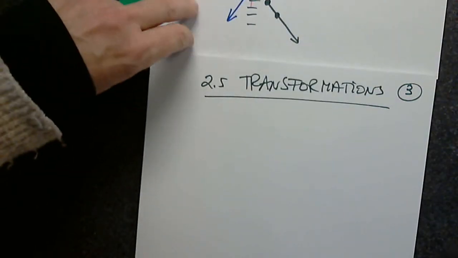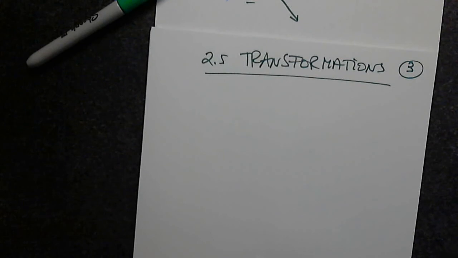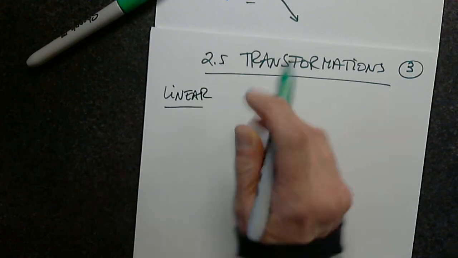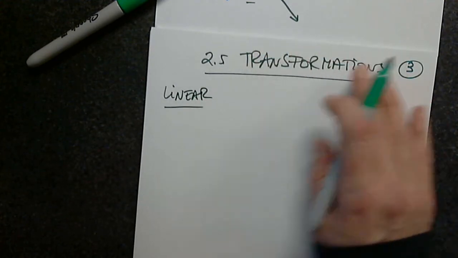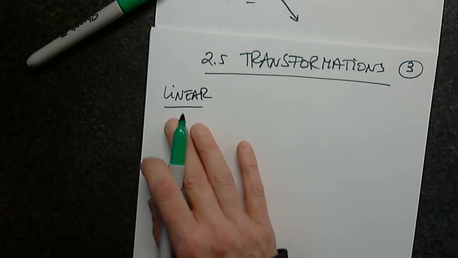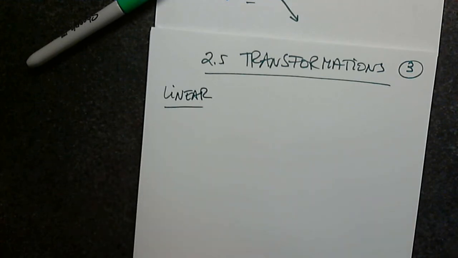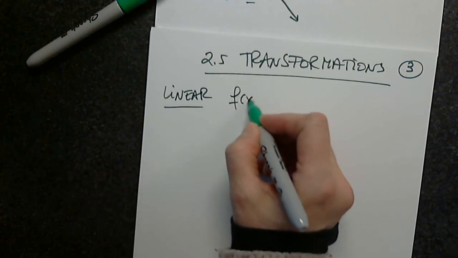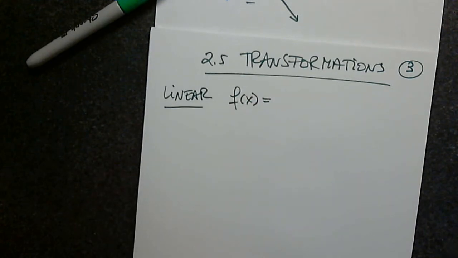Every category of functions has one that is the simplest possible function. So for example, linear. I'm not talking about transformations just yet. This is the preliminary. I need this discussion before we look at transformations. So the simplest possible linear function, what do you think it would be?